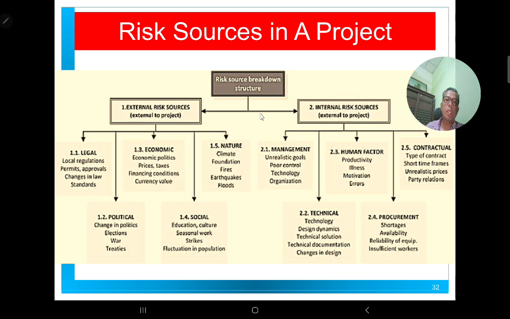So the second risk is due to internal sources. Due to change of management, sometimes the project manager will also be changed. The management of the team members can also be changed, and also due to, as mentioned earlier, the technology. Some of the technology is already obsolete, so you require a new technology to be used in your implementation.